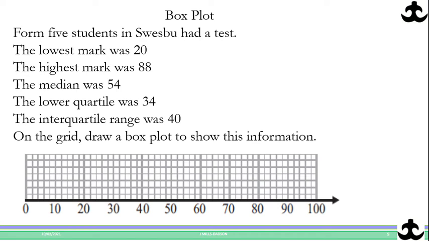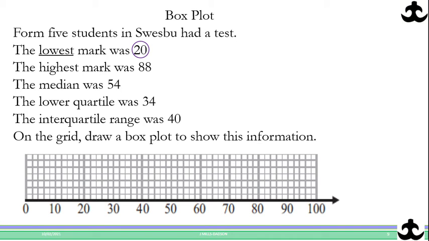From 5 students in Swiss, we had a test. The lowest mark was 20, highest mark 88, median 54, lower quartile 34, interquartile range 40. So let's see the information and see which one is missing and which one you've been given.